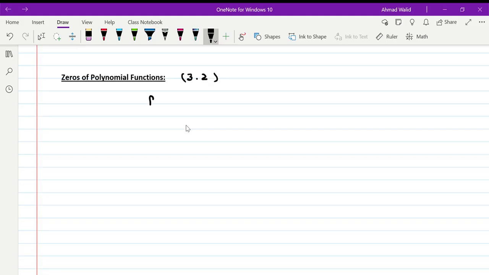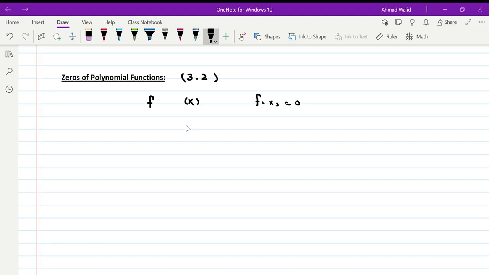If we have a polynomial function f, the values of x, the variable in the function, which change f of x to equal 0, we call those values the zeros of the polynomial function f.